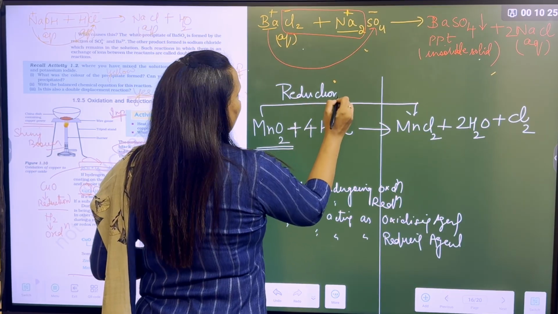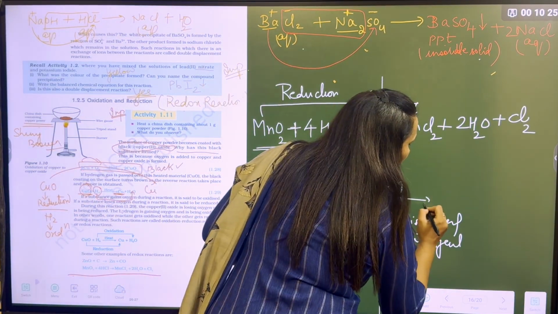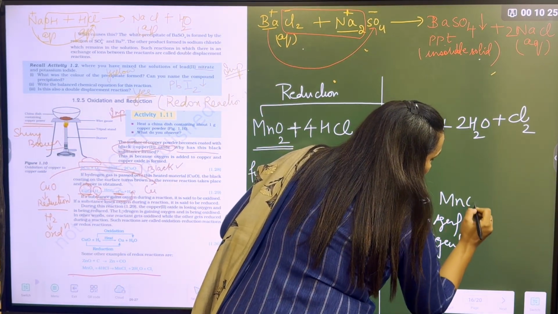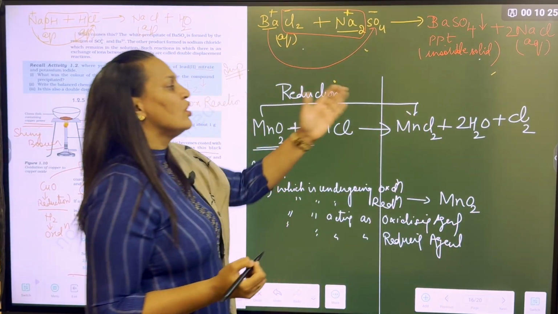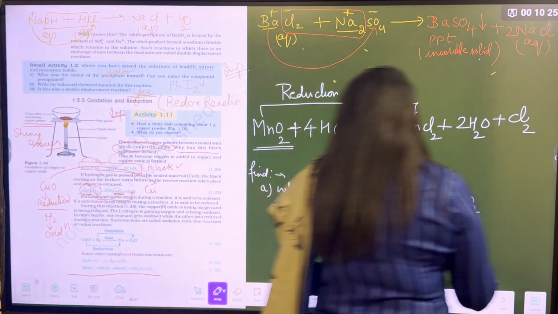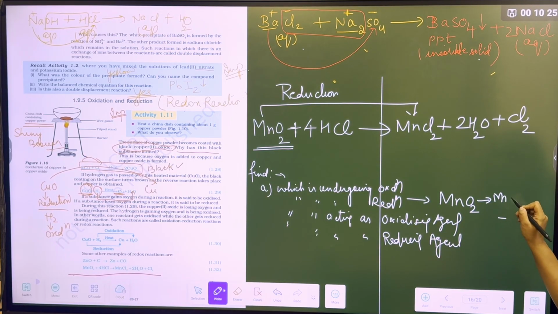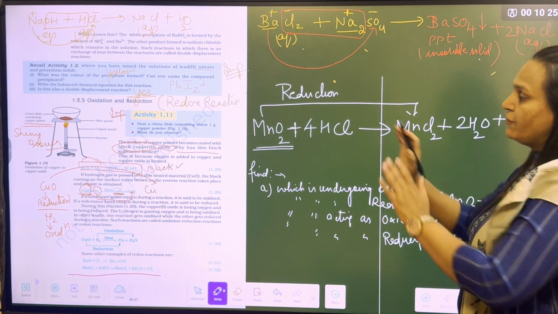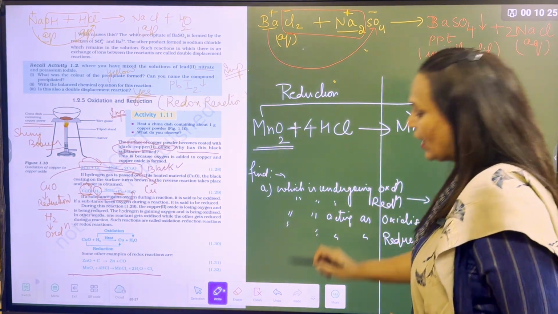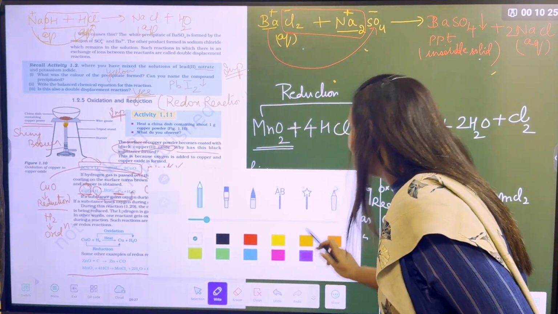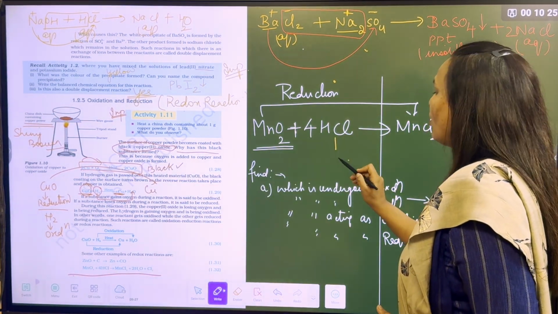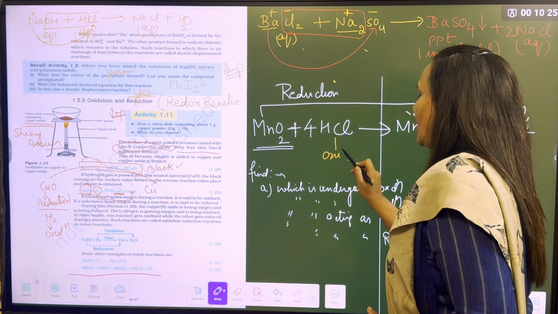So you will say MnO2 is undergoing reduction. It is reduced to MnCl2. Obviously, if this has undergone reduction, HCl will undergo oxidation.